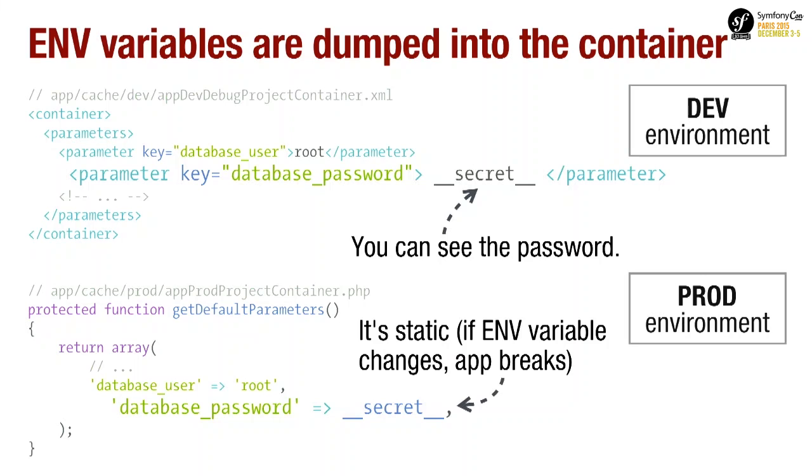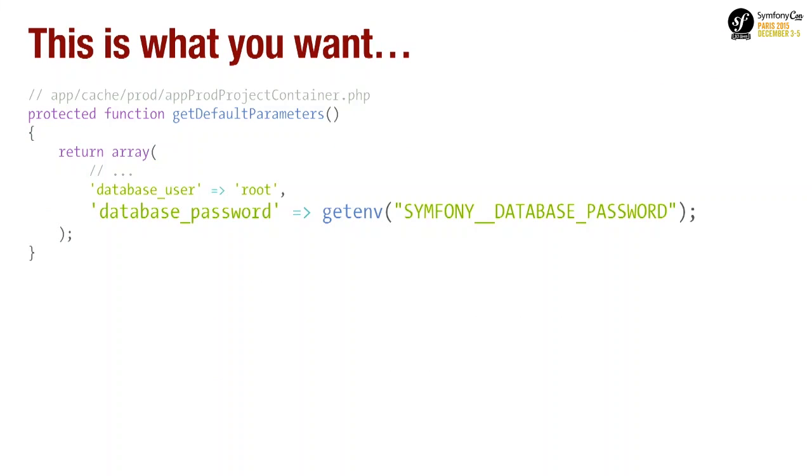And second, it's static. When you compile the container, Symfony gets the environment variable and dumps it there. So it's not dynamic. You change the value, the application will break. So you probably want something super dynamic. I mean, whenever I want a parameter, get it from the environment variable. But this doesn't work.